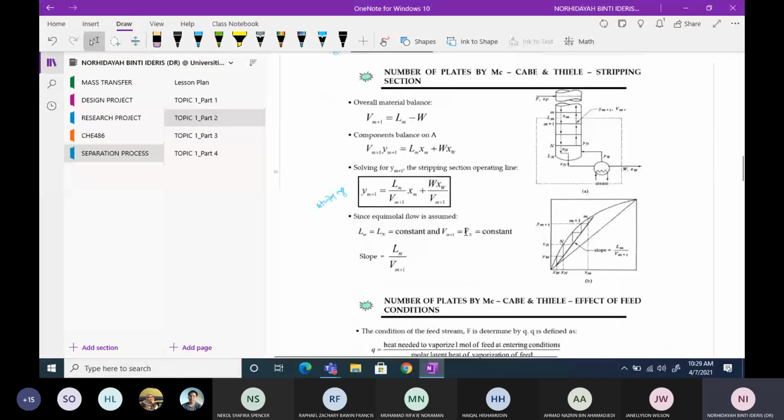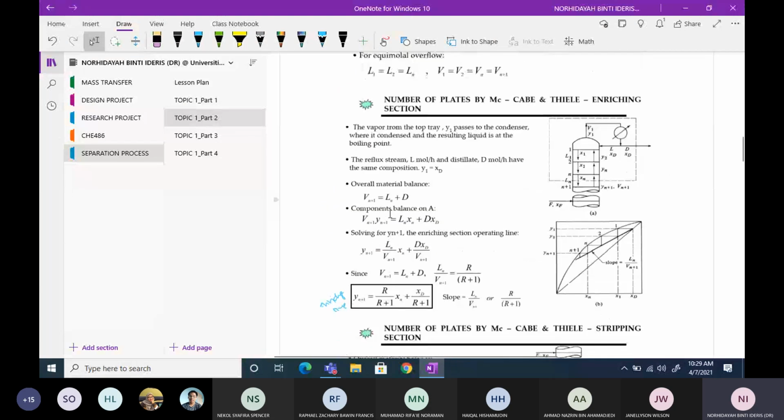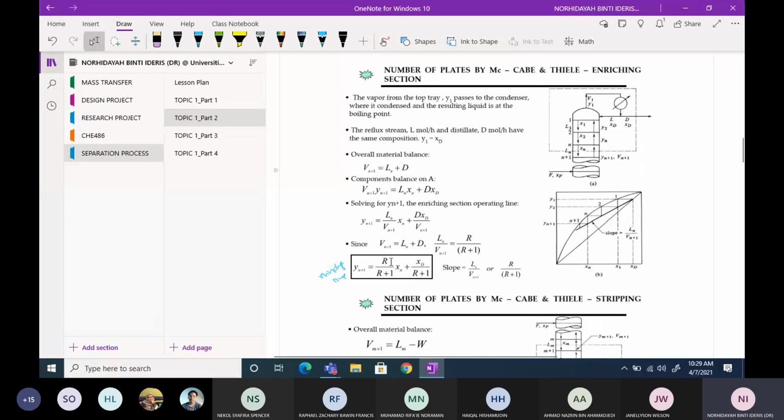Right now, to develop this enriching line and see how this equation is developed, first you need to focus on the top part of the distillation column. You can see there is a dashed line here, meaning this is the boundary for your overall material balance and component balance.